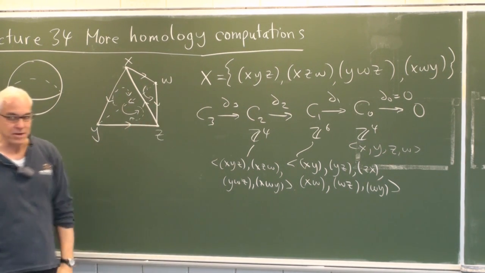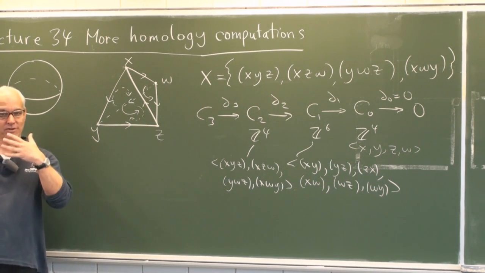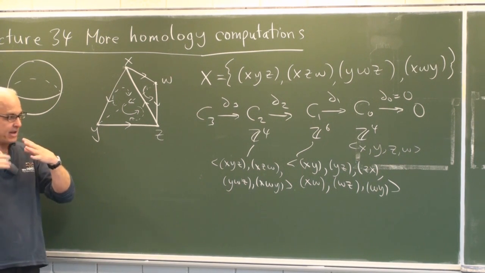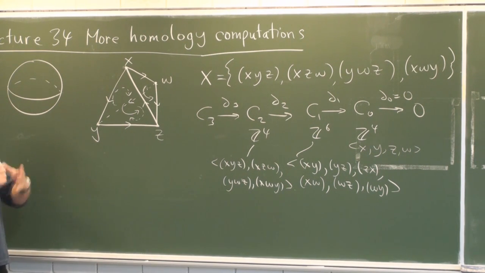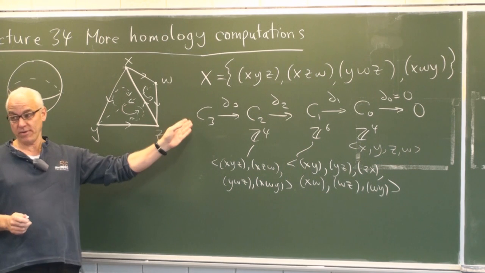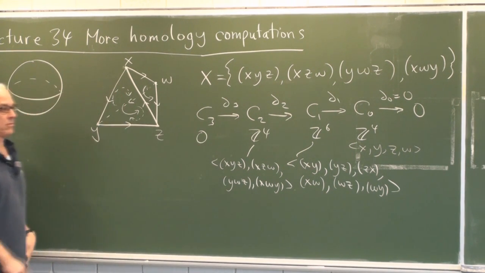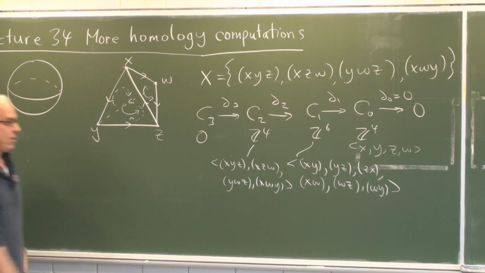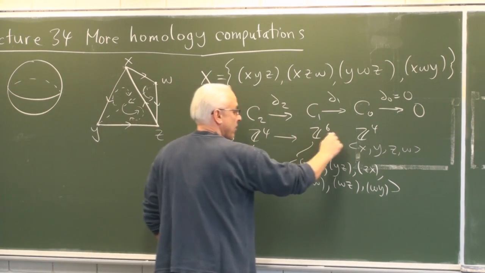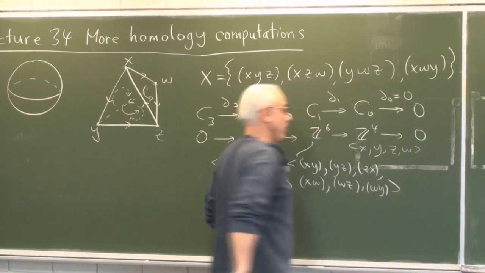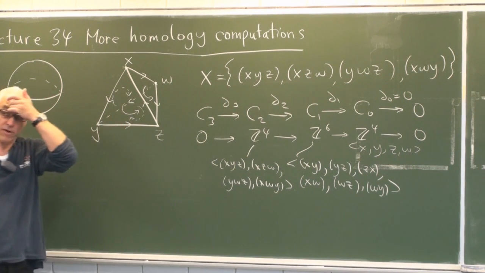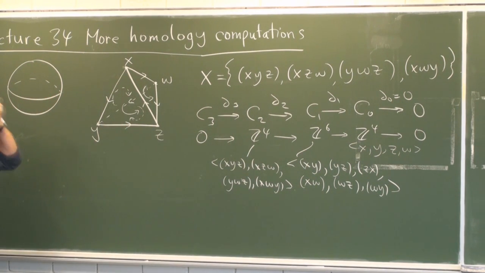And what about C3? Well, we said that we're not going to talk about the solid tetrahedron. This is an empty tetrahedron, a tetrahedron with a hole in it. So there are no 3-dimensional cells, so this is actually 0. So here's the complex of chain groups that we start off with to set up our homology.